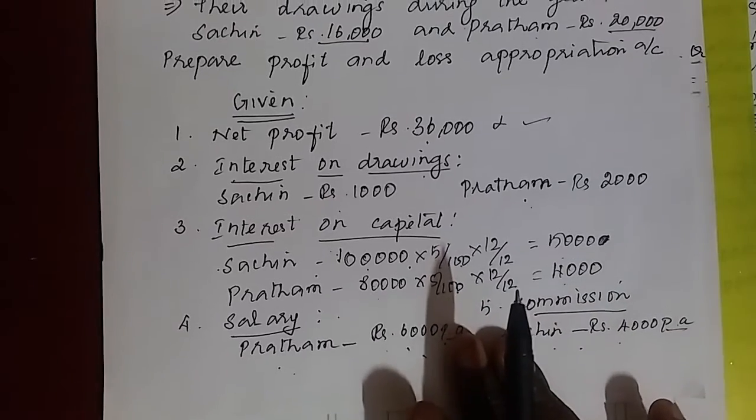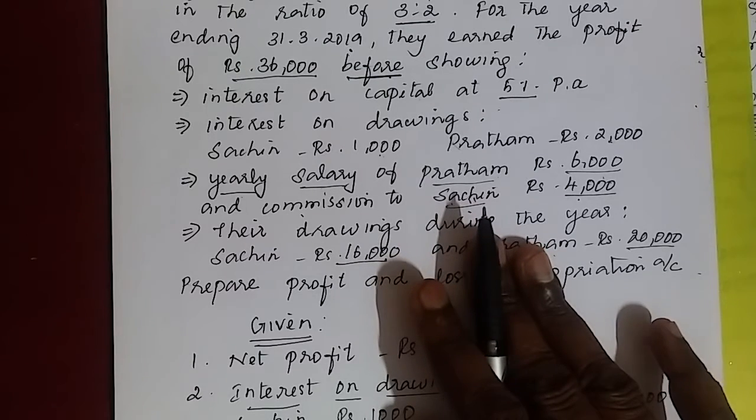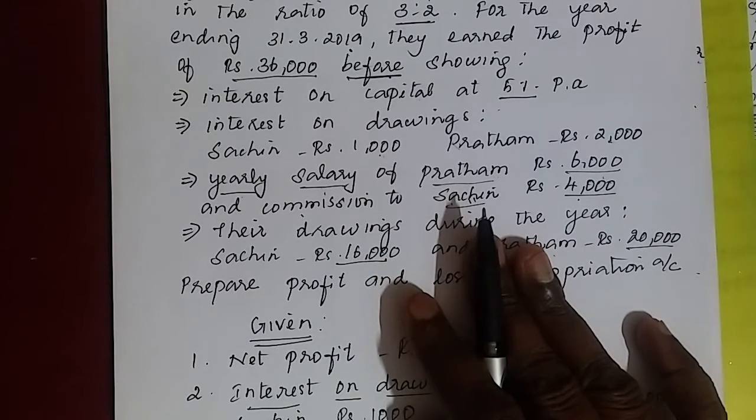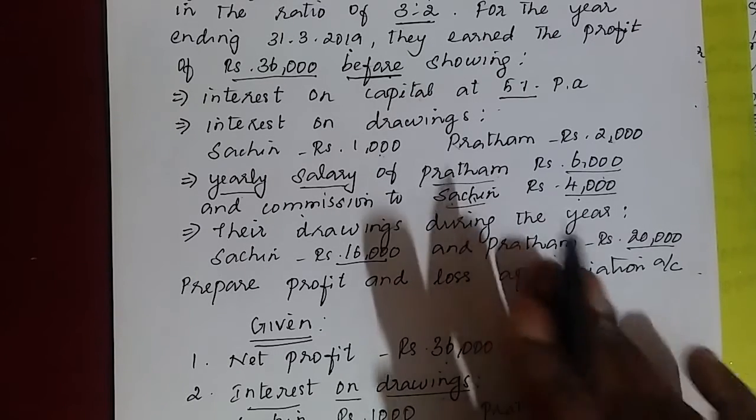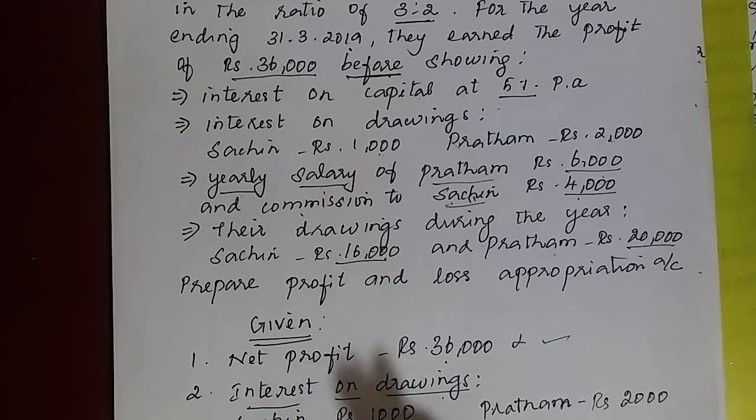Let me make it clear with the same question. First, I prepared the P&L appropriation account because I need the share of profit for the partners. I calculated in the P&L appropriation account the profit we have transferred to the partners' capital or current account. Do you remember what we did in that P&L appropriation account?